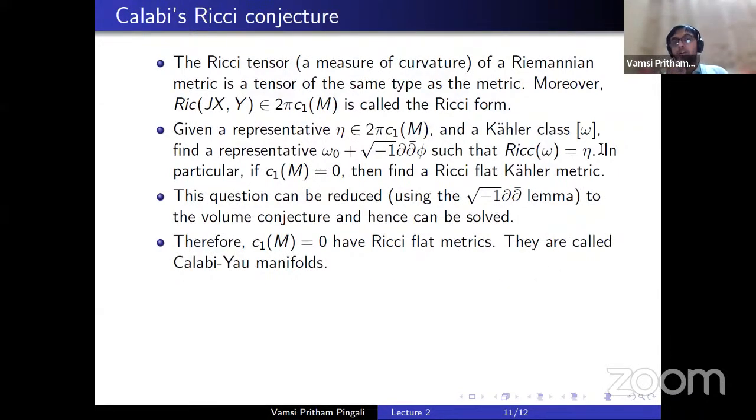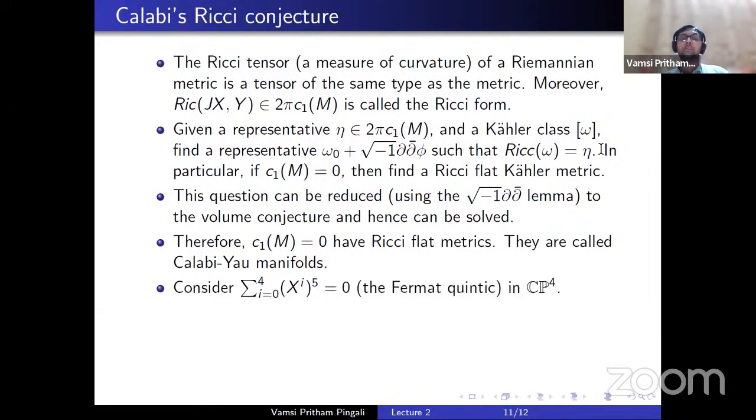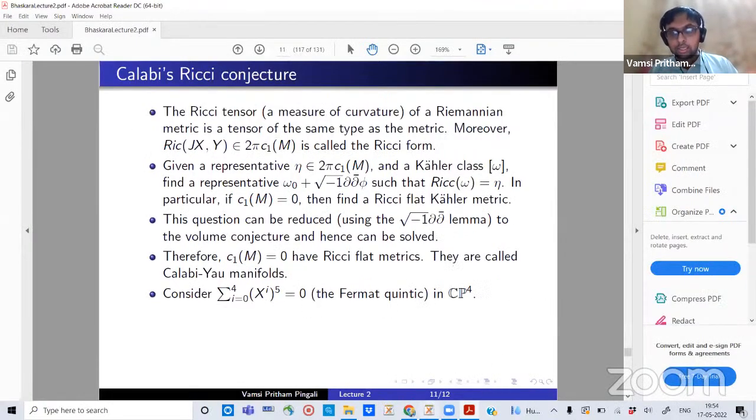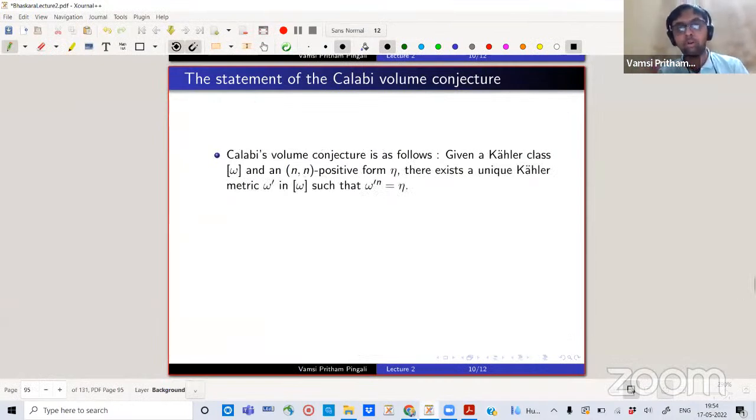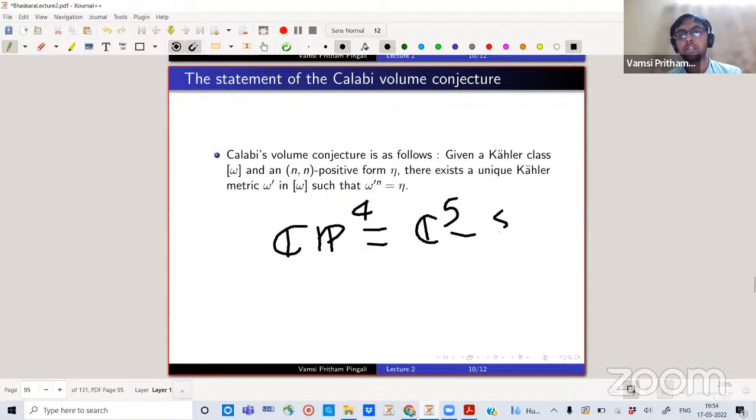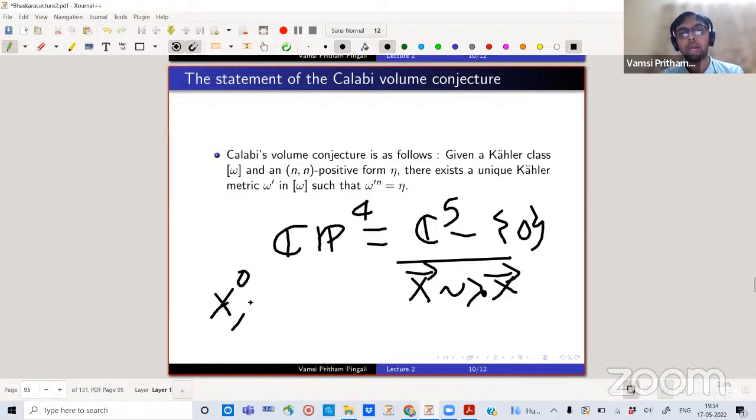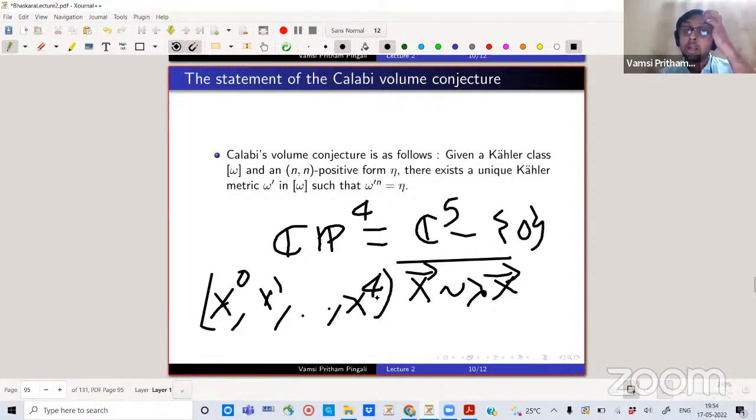And here's a concrete example of a Calabi-Yau manifold. So consider CP4. What is CP4? CP4 is a quotient of C5 minus the origin. In C5 you have these coordinates x0 to x4. Recall that I told you an algorithm to come up with submanifolds of CPN.